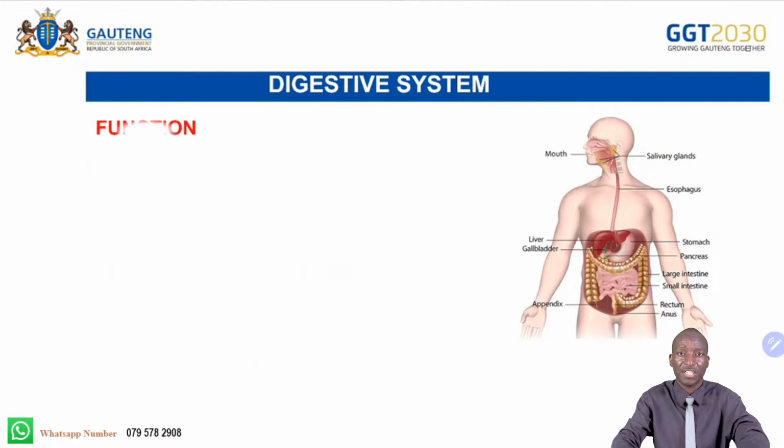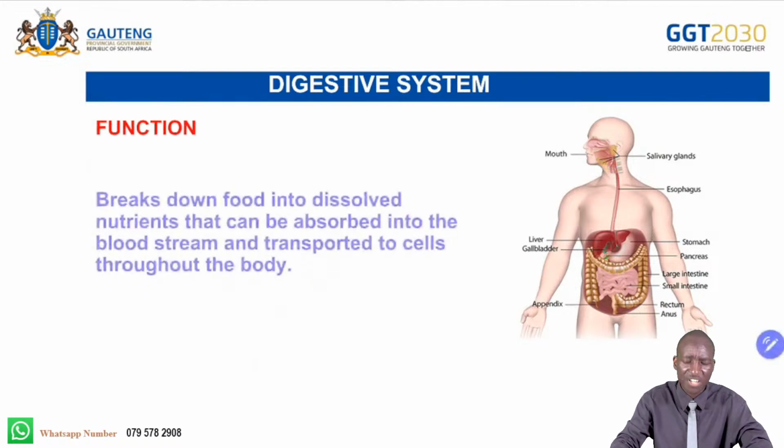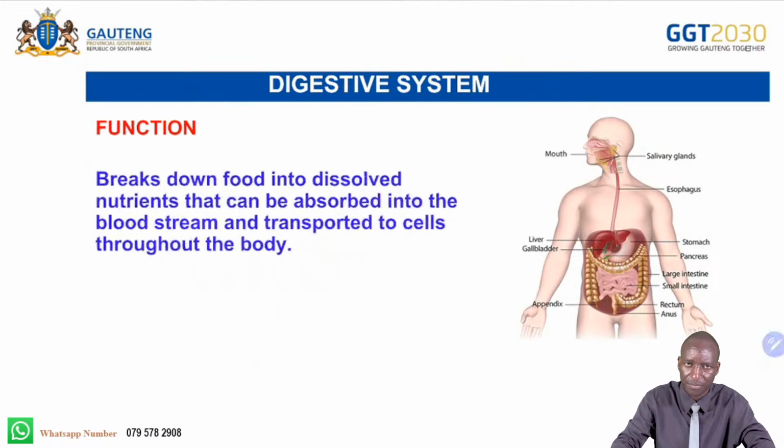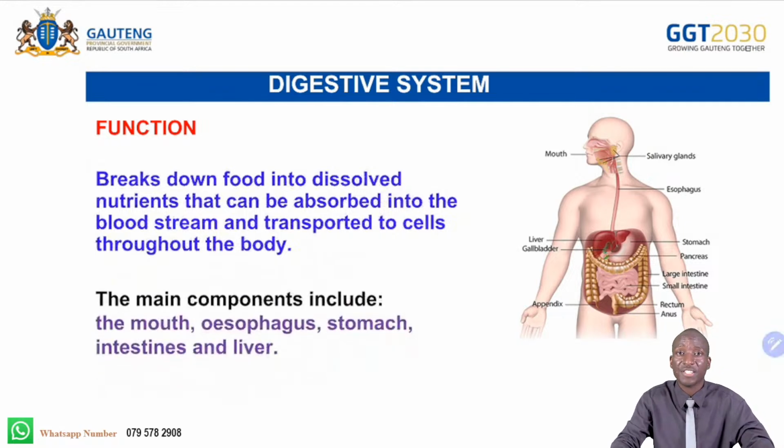We're going to start with the digestive system. What's the function of the digestive system? It breaks down food into dissolved nutrients that can be absorbed into the bloodstream, then transported to cells throughout the body. The main components include the mouth, esophagus, stomach, intestines, and the liver.